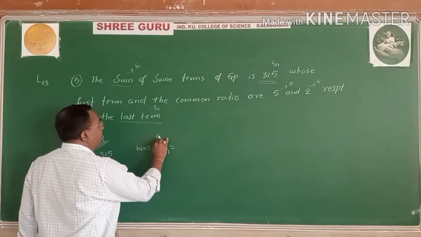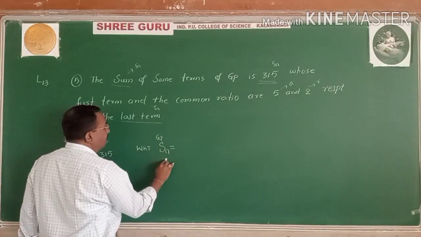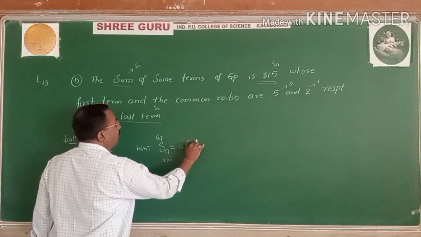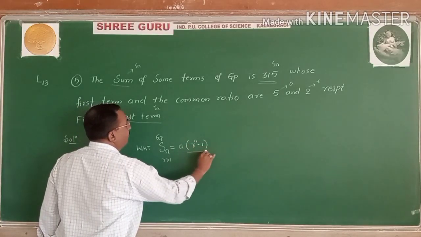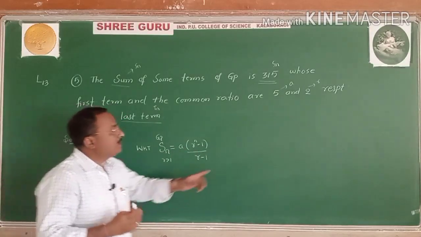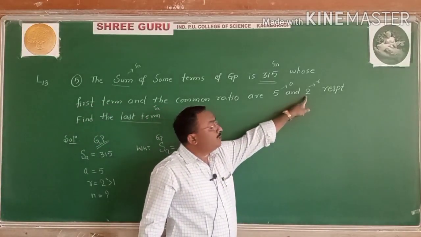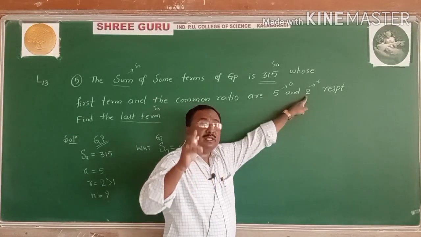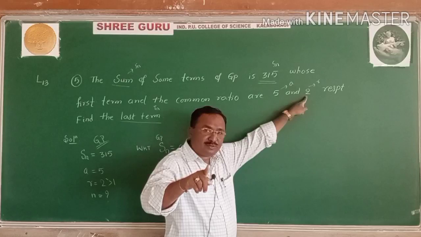Sn of a GP, if r is greater than 1, the formula is a times r to the power n minus 1 divided by r minus 1. This is a GP series because 2 means common ratio. Common ratio means r, present in AP or GP, definitely GP.